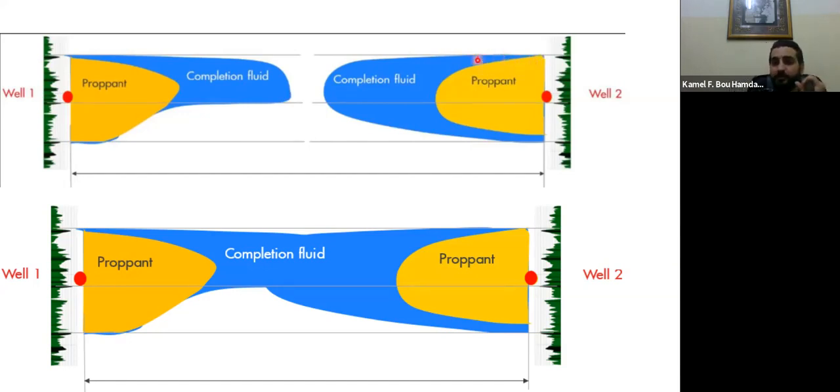We have already placed our proppants, and we have the completion fluids over here, and this is the second case. Now, if you look at these 2 images, which one do you think is better for it to occur? Is it the first one or is it the second one? Which one is more preferable to happen? Which one do you think?